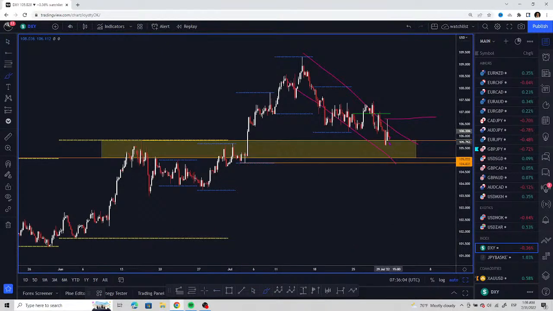An open lower on Sunday, a rejection of the 105, and here I will look for an amazing risk to reward long on the USD, or some kind of a tumbling market, let's call it, right, and a break of that 106.50.